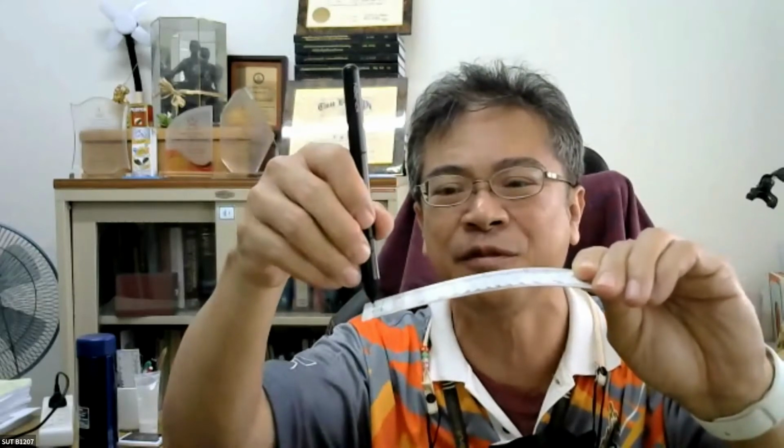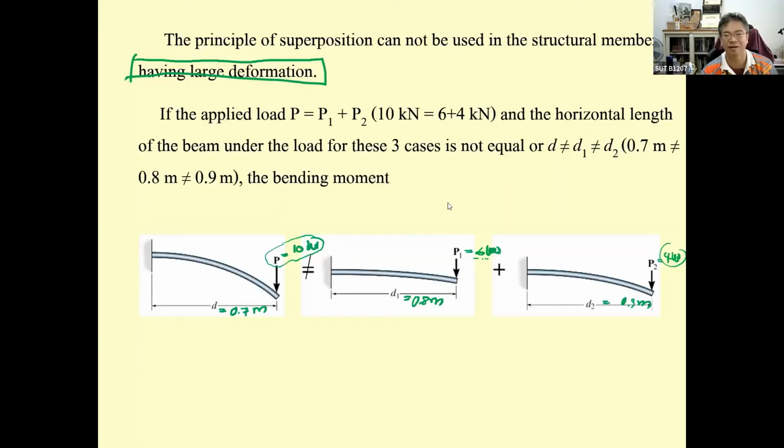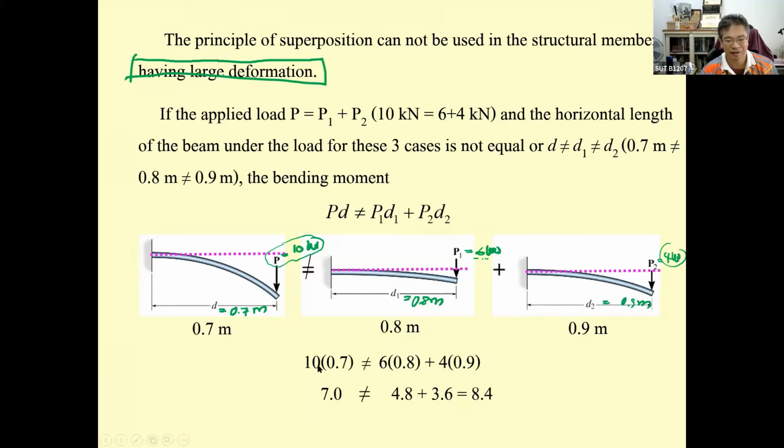And if it's 4 kilonewton, this is 0.9. And what happens is, the combination does not follow what it's supposed to be. 10 times 0.7 does not equal 6 times 0.8 plus 4 times 0.9.